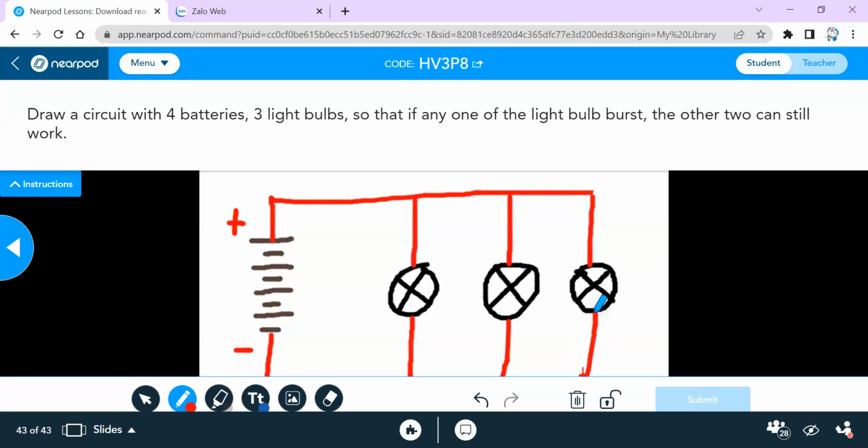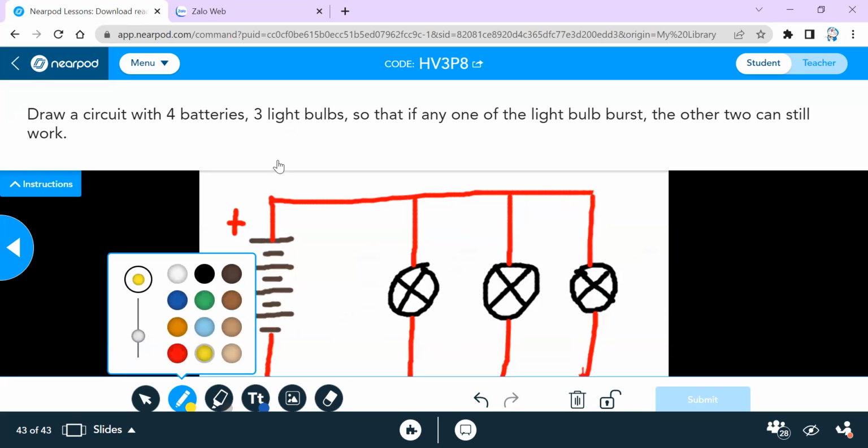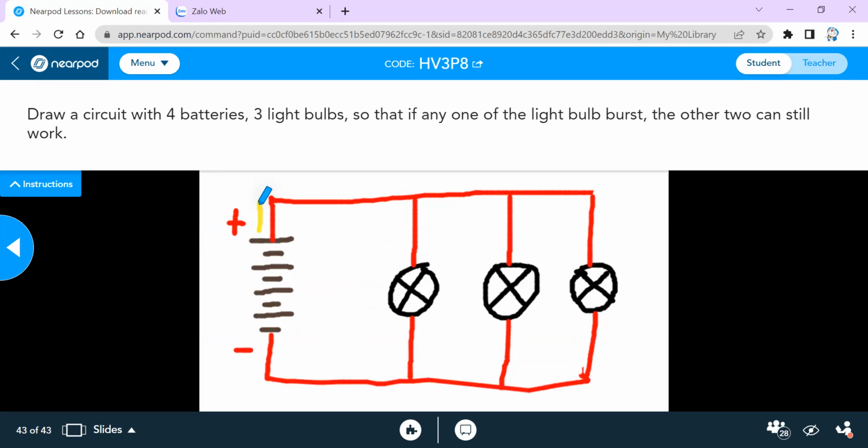In this case, for a parallel circuit, no matter which light bulb bursts, I have the other 2 that are still working. Why do I say so? Because the electric current will flow from here to here to here. When it reaches here, it goes 2 directions. Then back to here. Same thing, 2 directions here.